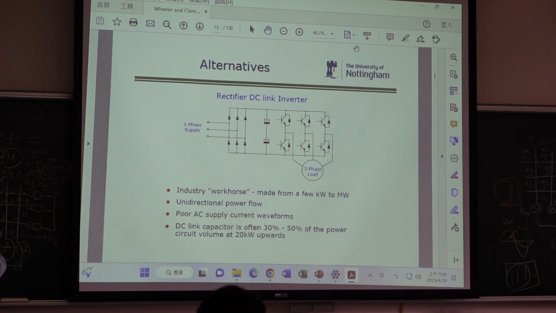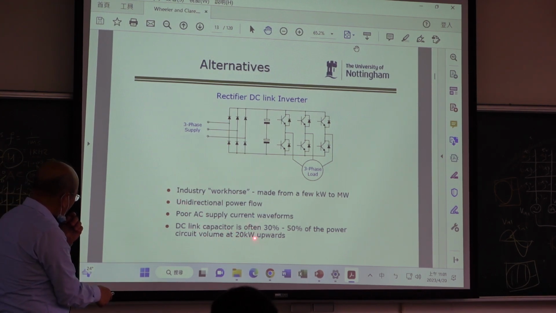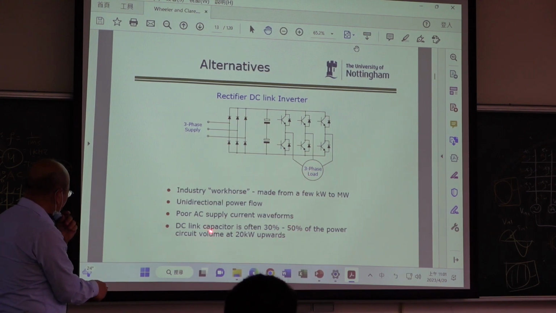Poor current like this. If you need a good power factor, you have to pay. You have to replace the diode with an IGBT. Then the cost becomes twice, right? We discussed this before. The DC link capacitor is often 30% or 50% of the volume.